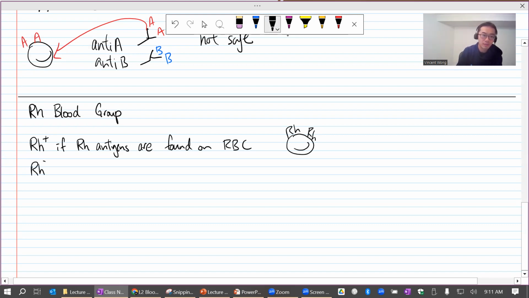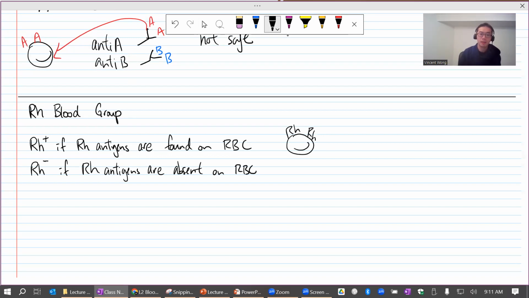RH negative if RH antigens are absent on RBC. So like this, nothing.